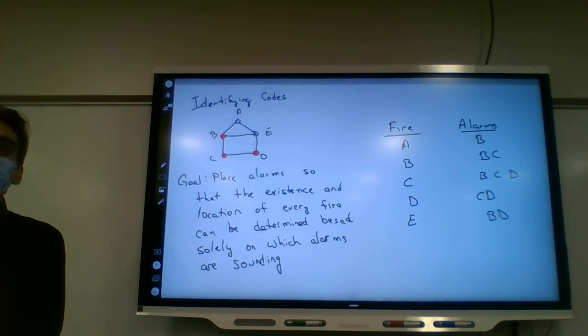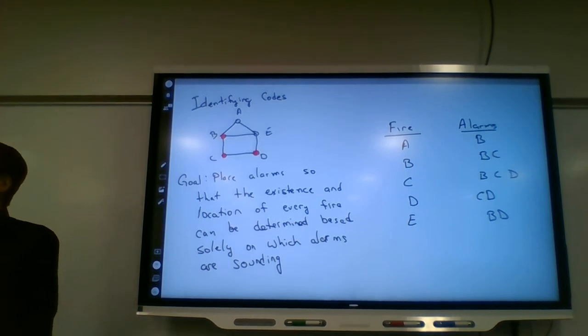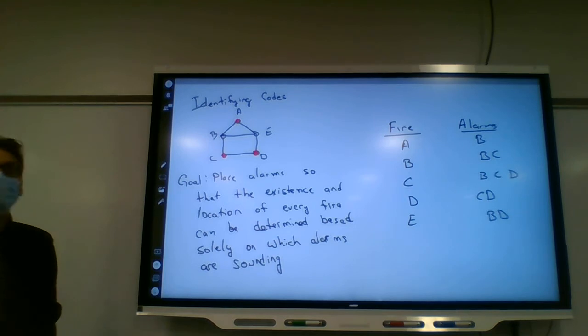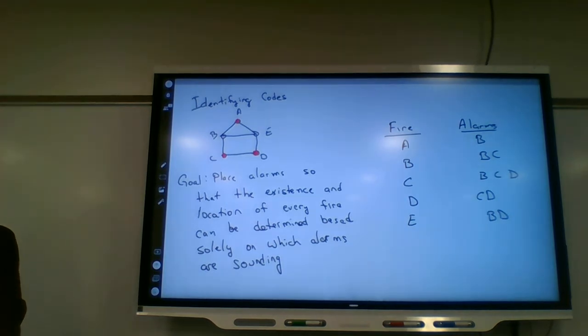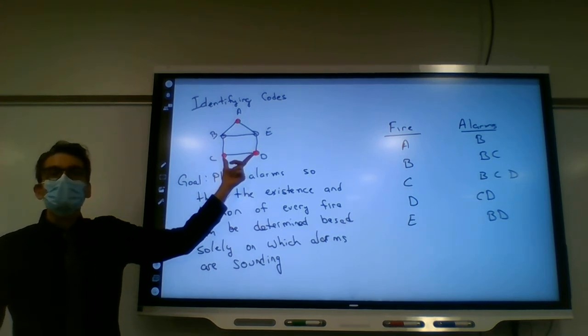Is this the only three that will work? No, we can move them around a little bit. But there are certain sets of three that won't work. What if I move that one up there? What if the fire is in one of these two places? Then both alarms go off, right?